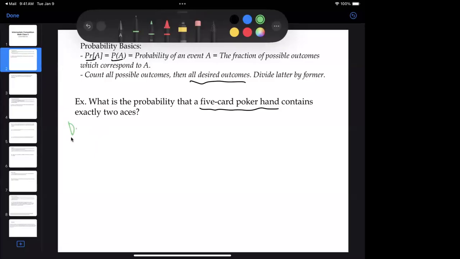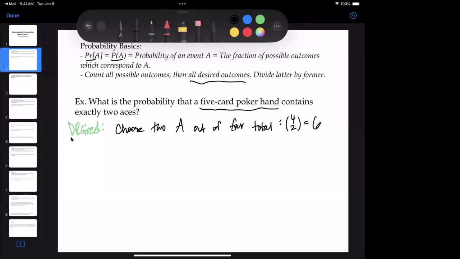So desired: choose 2 aces, 4 choose 2, which is 6 ways, right?